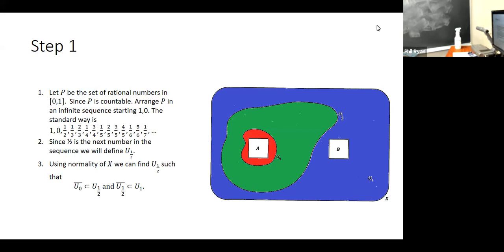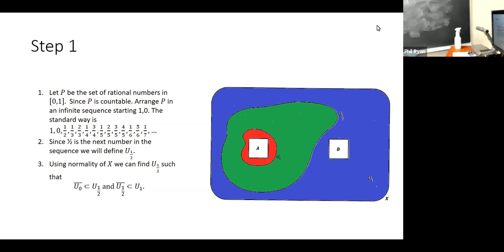Secondly, they're dense, and that's going to turn out to be why the whole process, why the continuous function, works. So P is countable, and let's arrange P in an infinite sequence, starting with 1 and 0, which we've already just done.